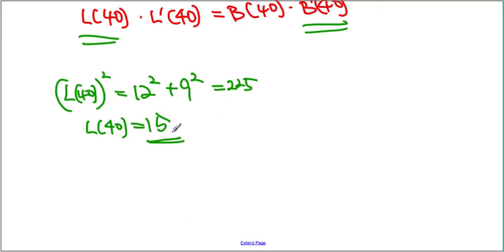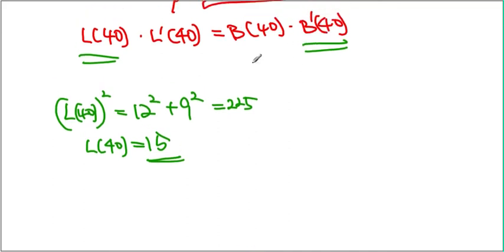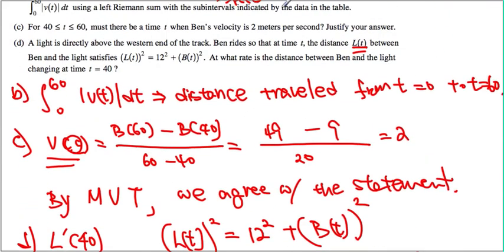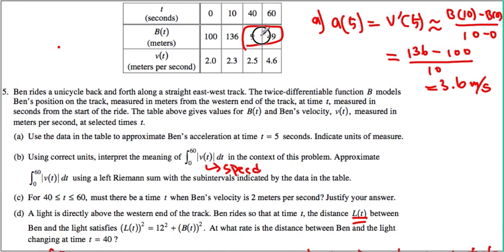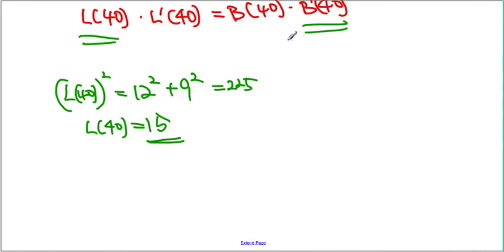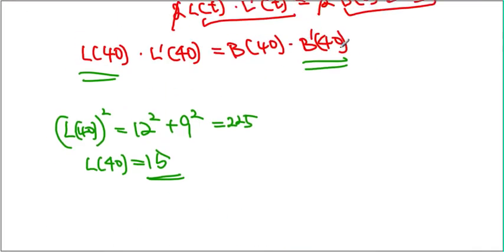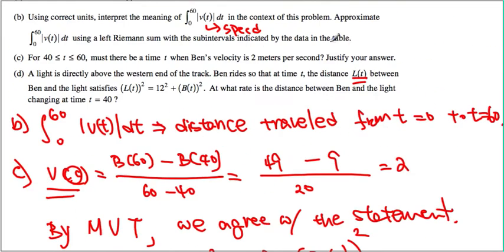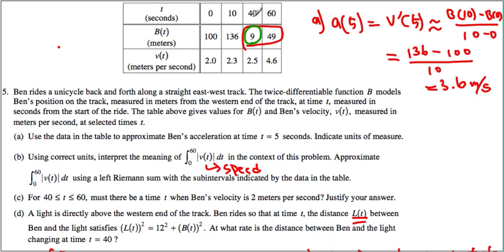Alright, that's one way for us to figure out L of 40. Then what is B of 40? B of 40, we realize it to be 9. That's good. How about B prime of 40? B prime of 40 is velocity, which is equal to 2.5.